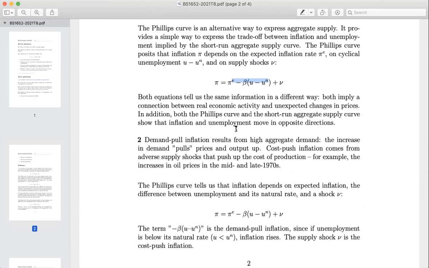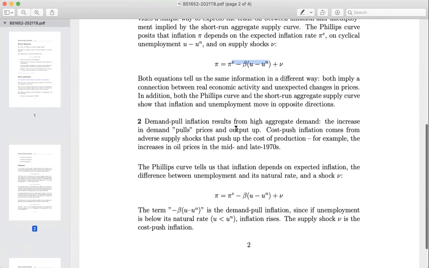So this is from the demand side. When we move to the cost side, that has to do with supply shocks, something like the oil price shock that happened in the 1970s, which pushed up the cost of production and of course increased prices.